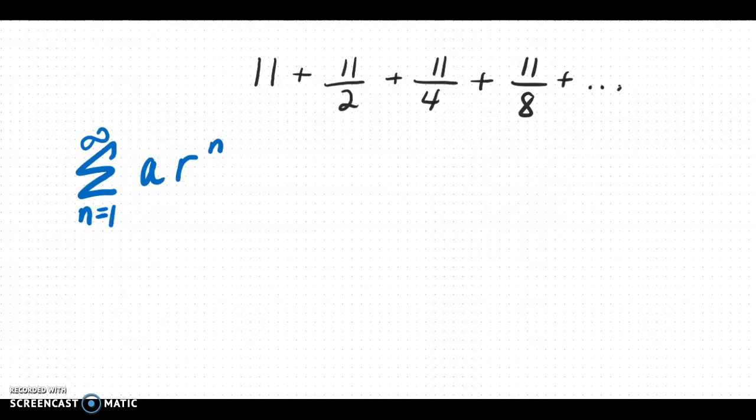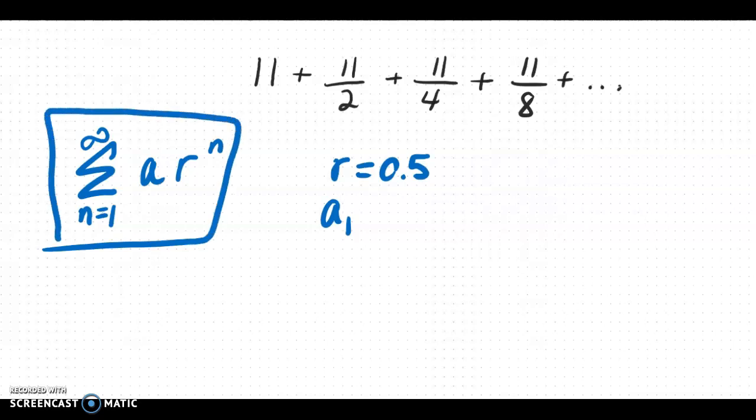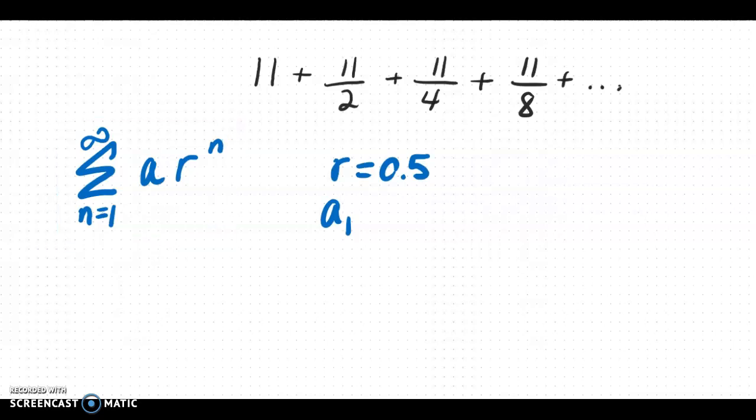So the common ratio here is 0.5. And the first term, this is the way to write the general form, but I don't even have to go that route yet. It's not asking for that, so I don't have to go that route.